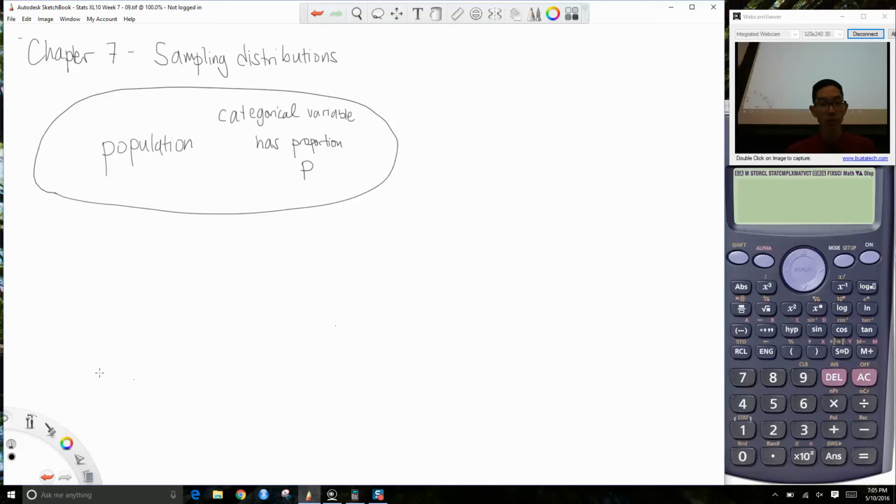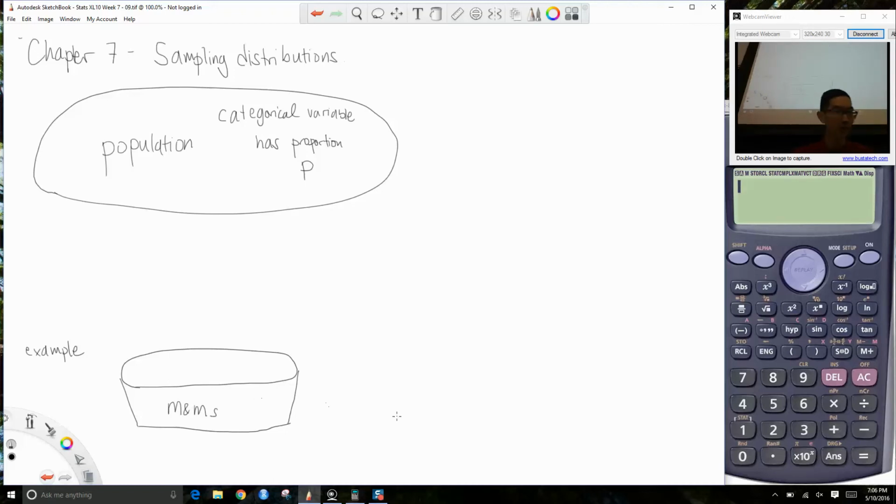Okay, so maybe our example, imagine this to be a big bucket or a big kind of like a tub, and here I'm going to just fill up this tub full of M&Ms.